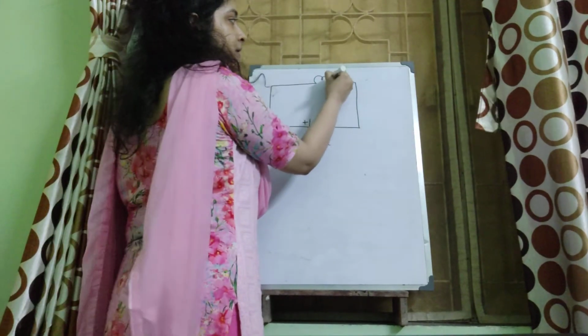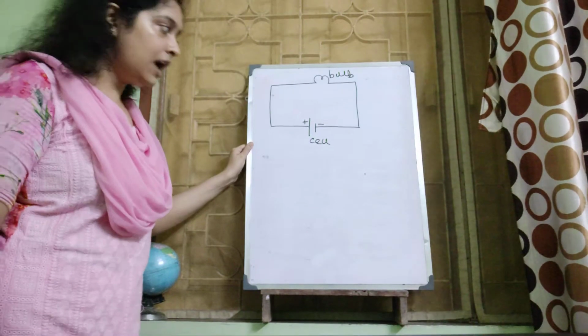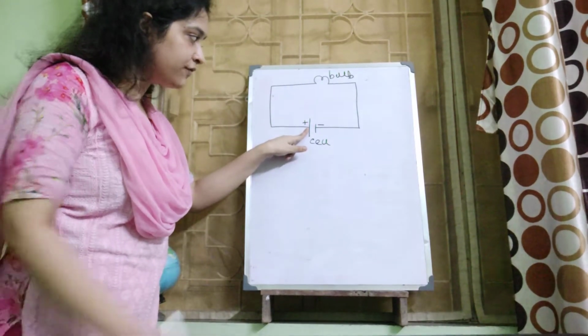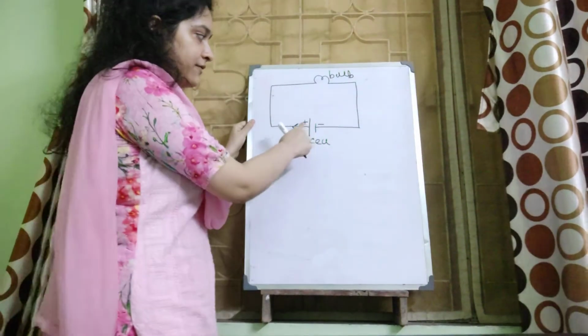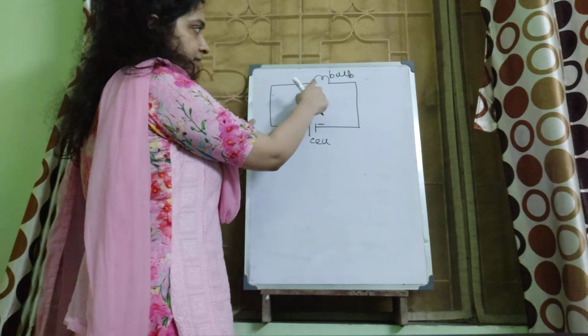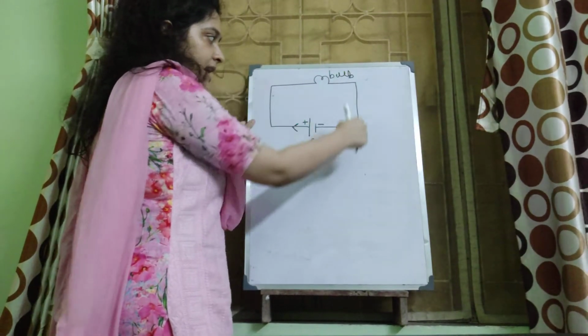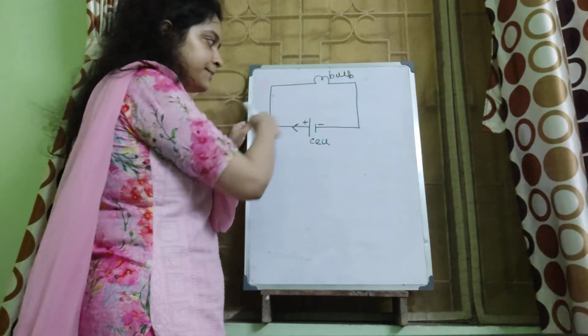Remember bulb, electrical bulb. Now, current flows from the positive end of the cell to the negative. Current will flow like this through the bulb, again come back to the cell. So see, a closed path for the current, isn't it?